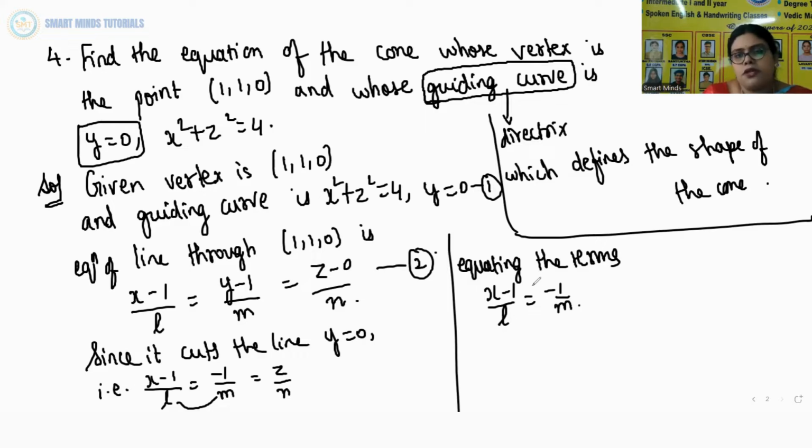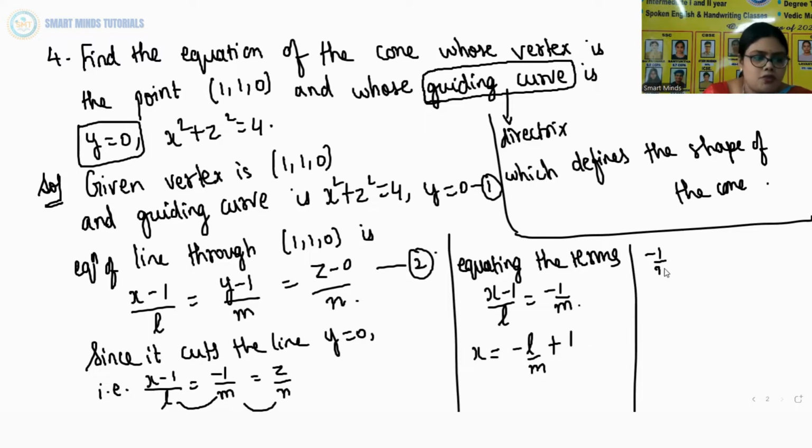If I cross multiply and find the value of x, I take L to the other side, we get minus L by m, and then I take minus 1 to the other side, we get plus 1. Now the other two terms, if I equate, we get minus 1 by m is equal to z by n. So if I take n to the other side, we get the value for z, that is minus n by m.